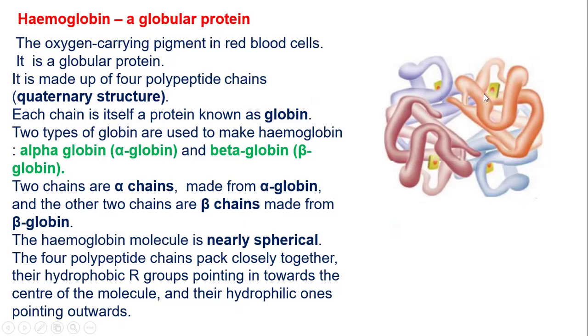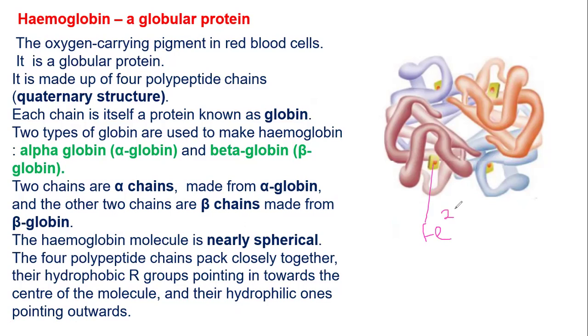It also has a non-protein group, which is called a prosthetic group, and that still makes it qualify to have a quaternary structure. The prosthetic group is called heme. Heme comes from the iron, which is attached to it. Each polypeptide has an iron atom attached to it.